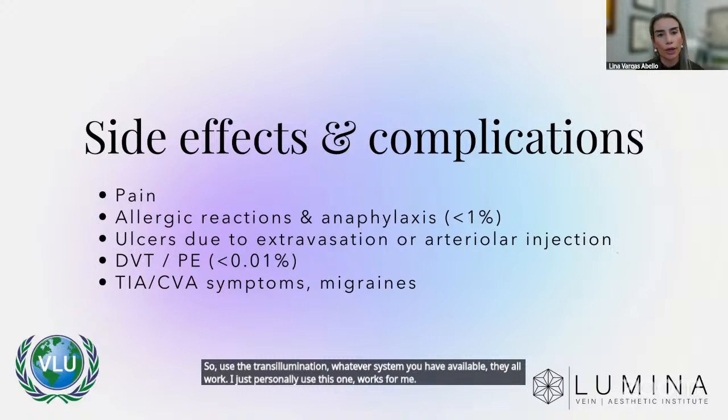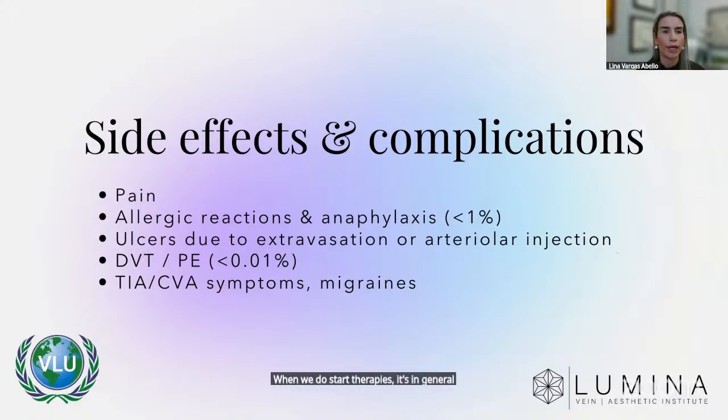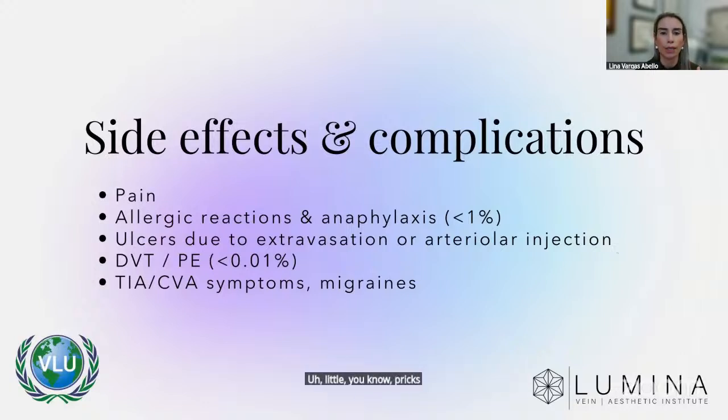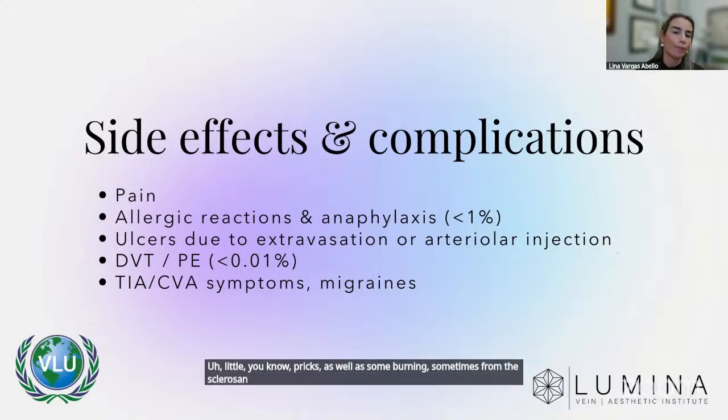When we do sclerotherapy, this is in general very well tolerated. Obviously, there's some pain associated with the little pricks, as well as some burning sometimes from the sclerosant, but it is very well tolerated. The main things we need to watch out for, just like with any medication, are allergic reactions and anaphylaxis, which are very rare.